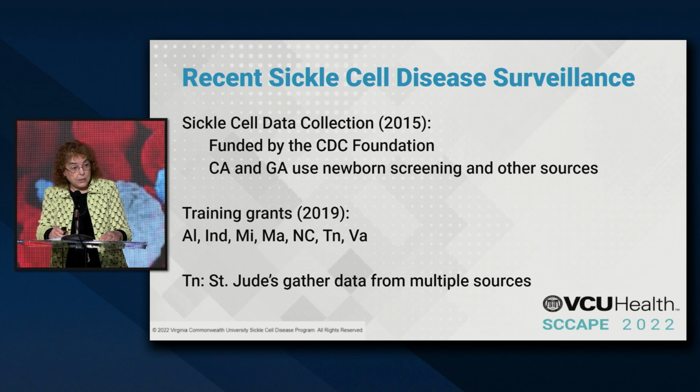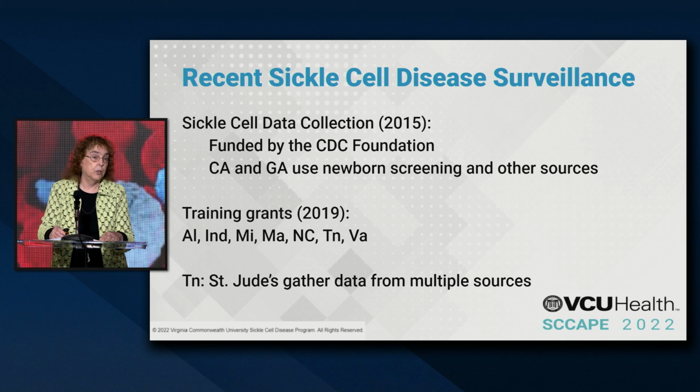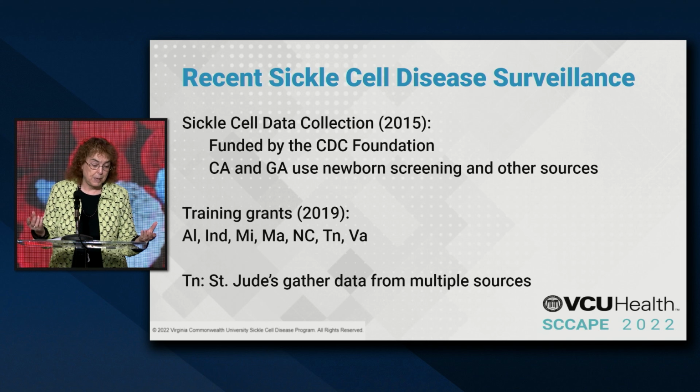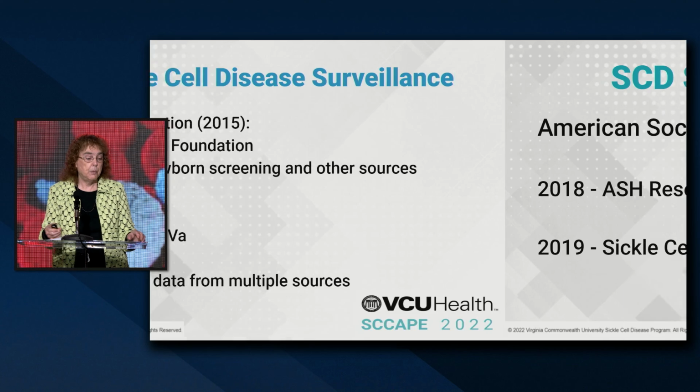Now, I understand St. Jude's Hospital also gathers data from multiple sources and puts together a report. So there are some secondary data systems out there that you could reach out to. And I'm hoping that in years to come, that's going to be something that all of us are going to know all about, and we're all going to have our state data, and we'll have national data, and we'll be able to discuss this in a very different way. All right, now we're going to move on.